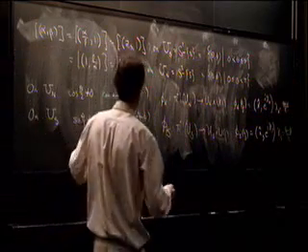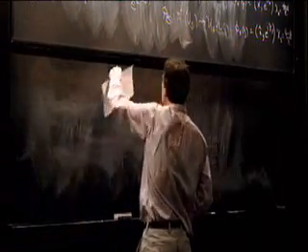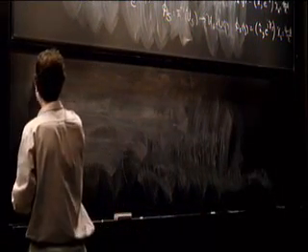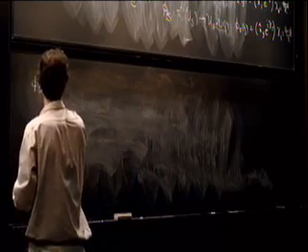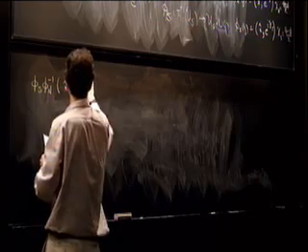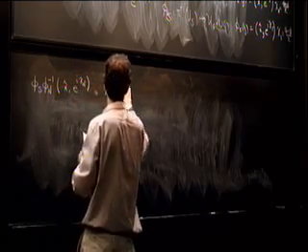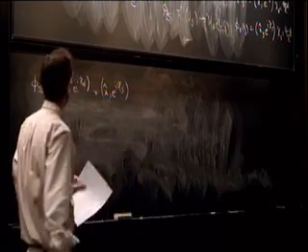And on the overlap region, the north intersect the south, we can calculate the transition function. Phi south, phi north inverse of x hat, e to the i chi north is x hat, e to the i chi south by definition.